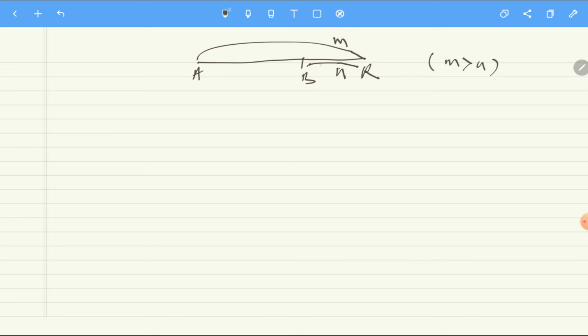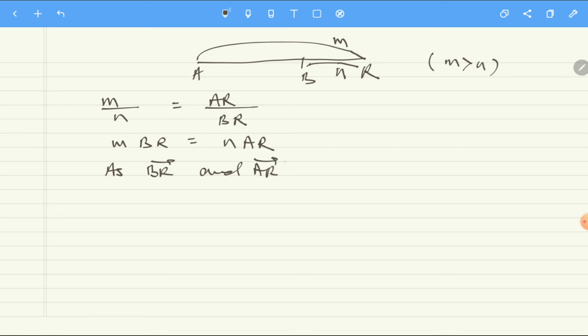So this part is n, so we have m by n is AR by BR, or you can say m BR is n AR, and BR and AR are in the same direction, collinear and in the same direction.